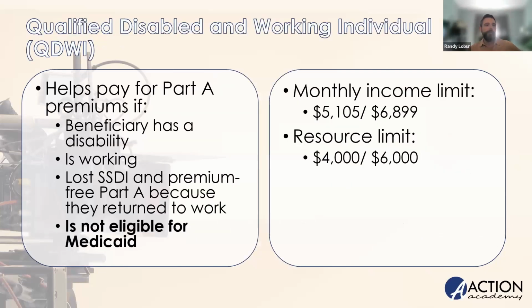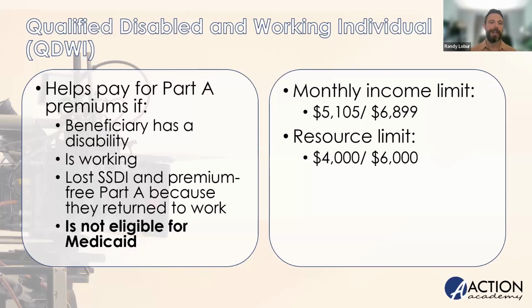There's also the QDWI program, which is Qualified Disabled and Working Individuals. This is really built for individuals who are under 65, were disabled for a period of time, but have now returned to work and are now subject to paying a Part A premium.